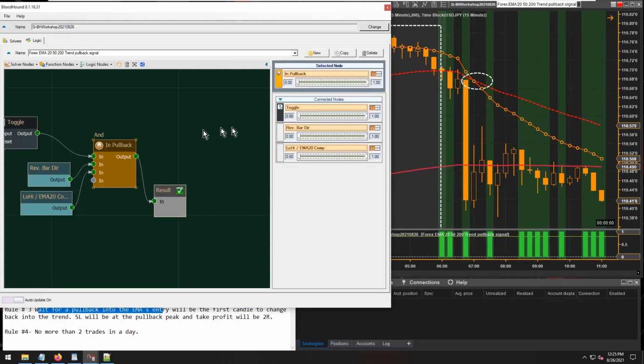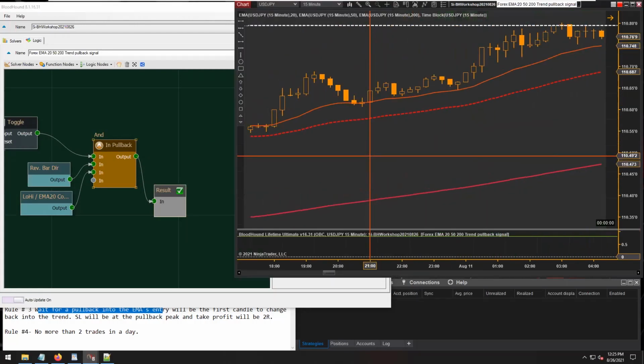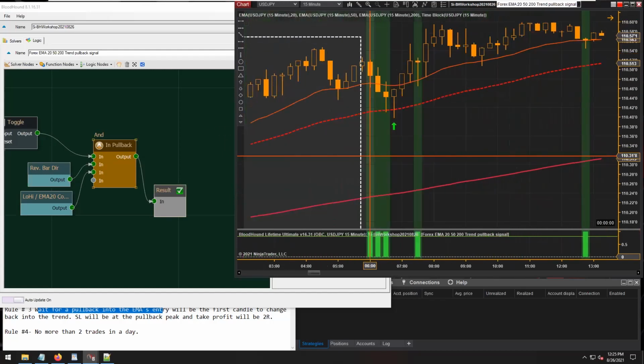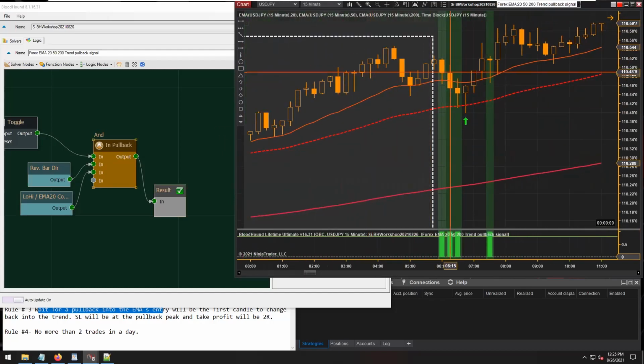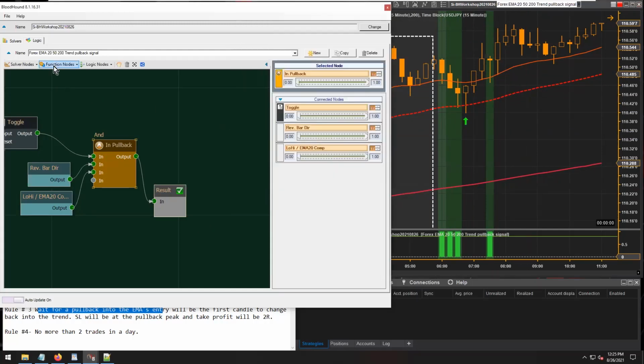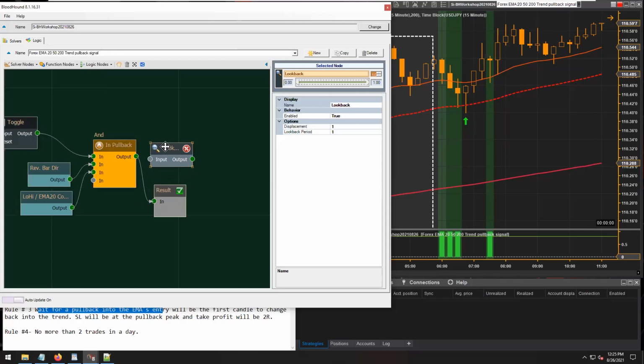So now let's go back here. Yeah, there we go. We're in a pullback and we need to wait for this reversal bar here. So we need to extend this pullback signal.